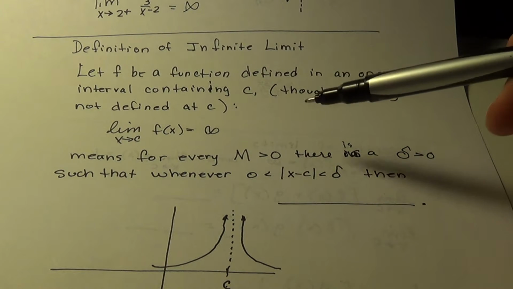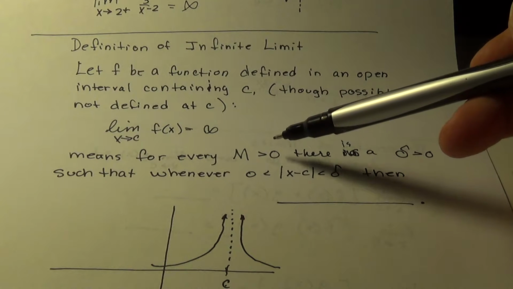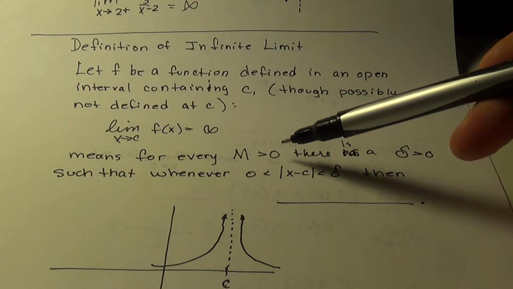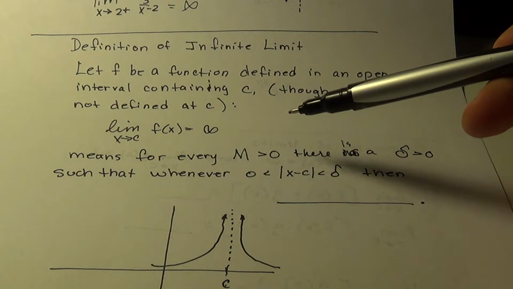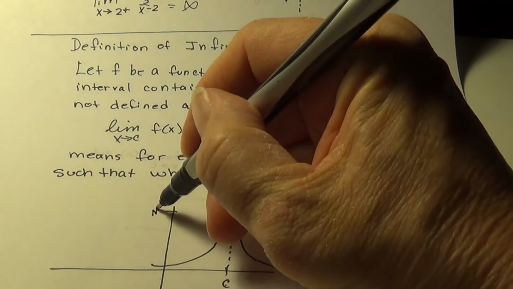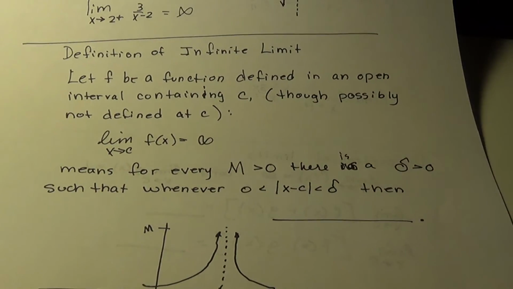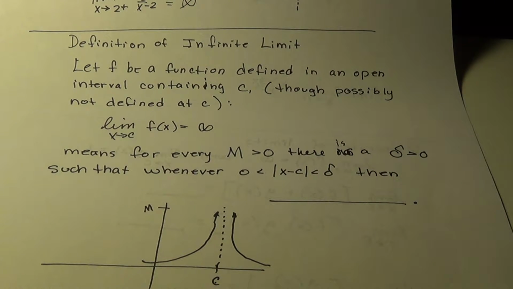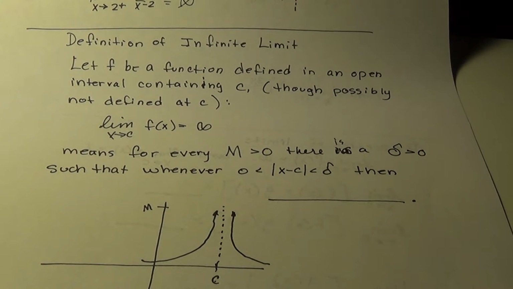So that means for any m greater than 0, so let's just say you choose a number m that's really, really big. So maybe it's up there at 1,000 or even 1,000,000, just a big m.